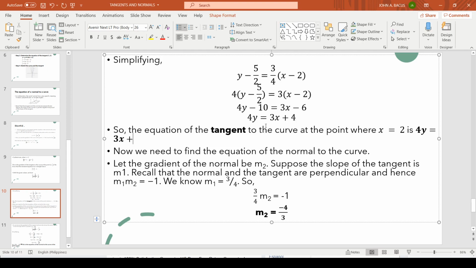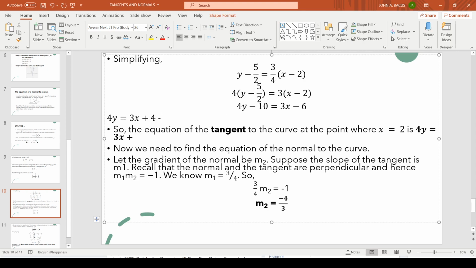What we did here is cross multiply: 4 times y minus 5 halves, so the fraction disappears. Just simplify, basic algebra. So, the equation of the tangent to the curve at the point where x is equal to 2 is 4y is equal to 3x plus 4.